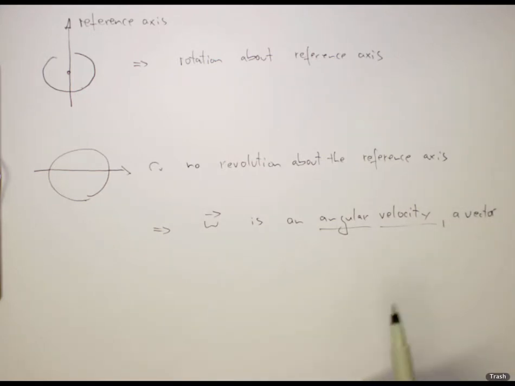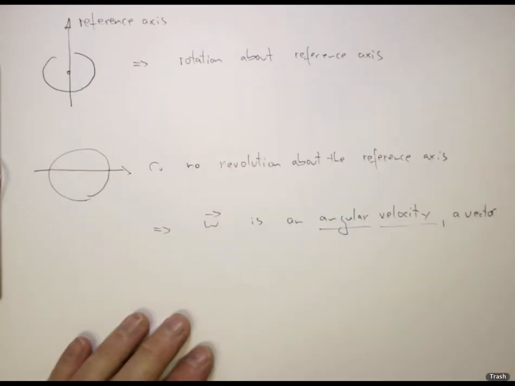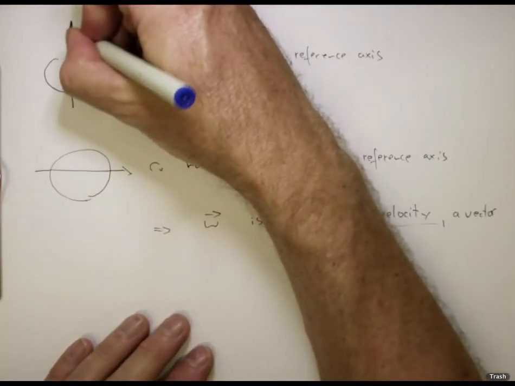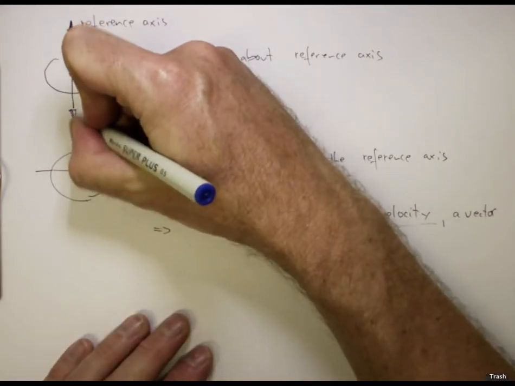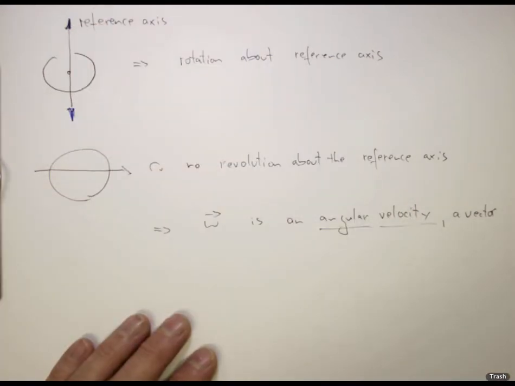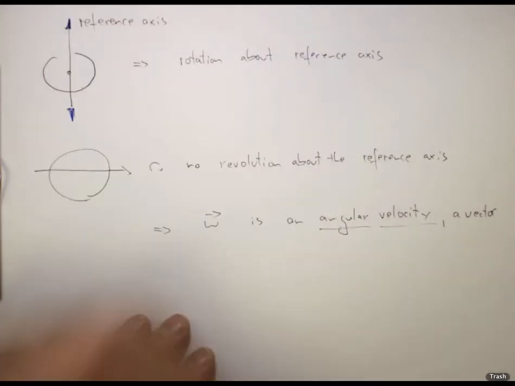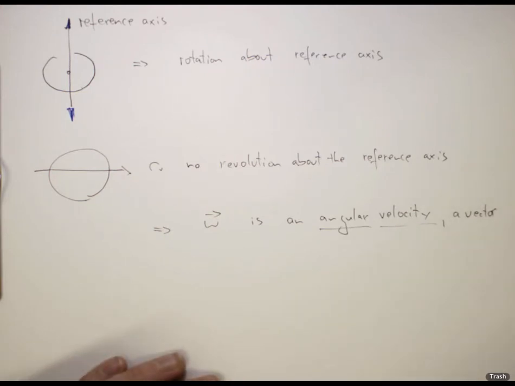Now if it is a vector, it can point upward to indicate the axis of rotation, or it can point downward to indicate the direction of omega, still being in line with the axis of rotation. So which is which, and how do we understand this ambiguity?